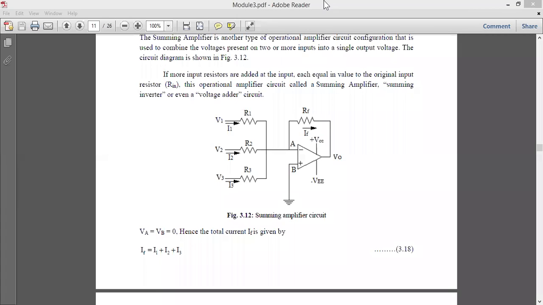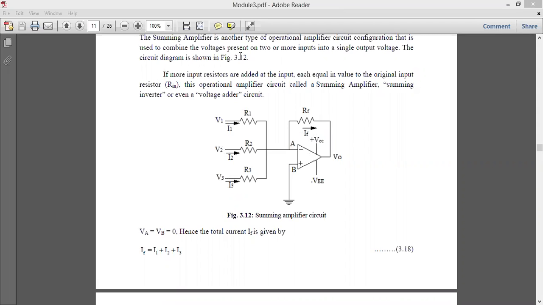Current I1 for V1, I2 for V2, I3 for V3. And I have three resistances, R1 for V1, R2 for V2 and R3 for V3. What is the current flowing through the feedback resistor? It is IF, the feedback current IF.